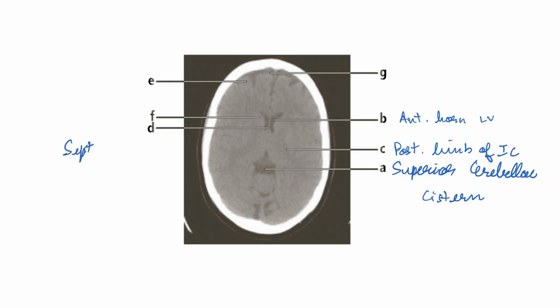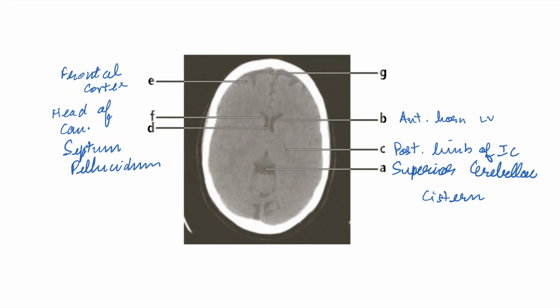D is septum pellucidum. E is frontal cortex. And F is head of caudate nucleus.